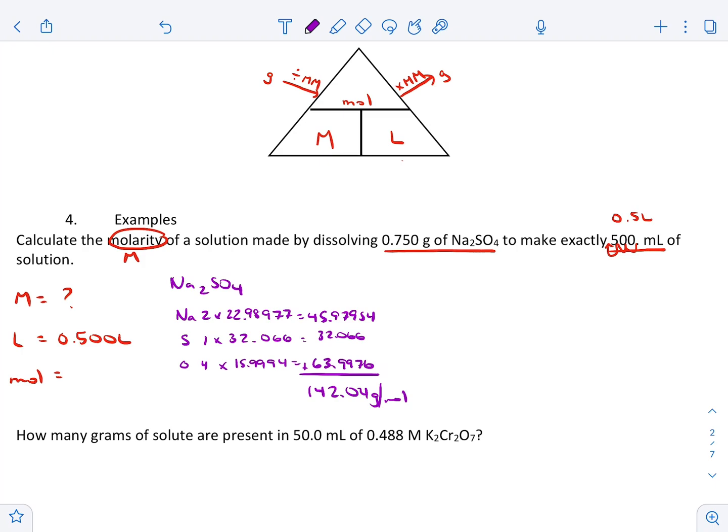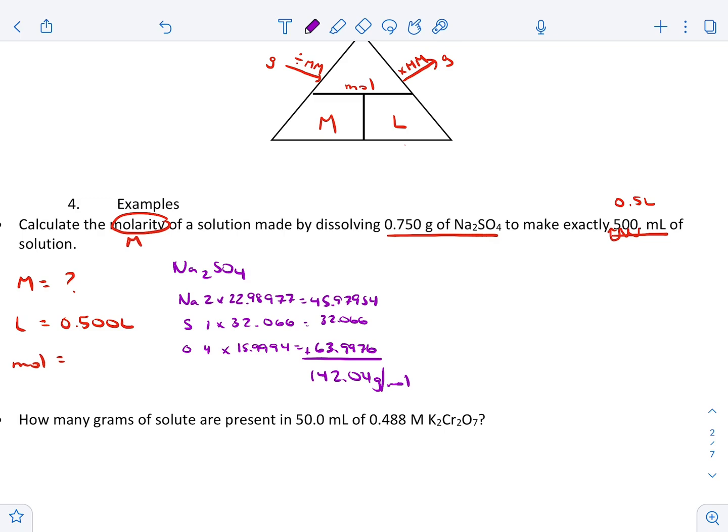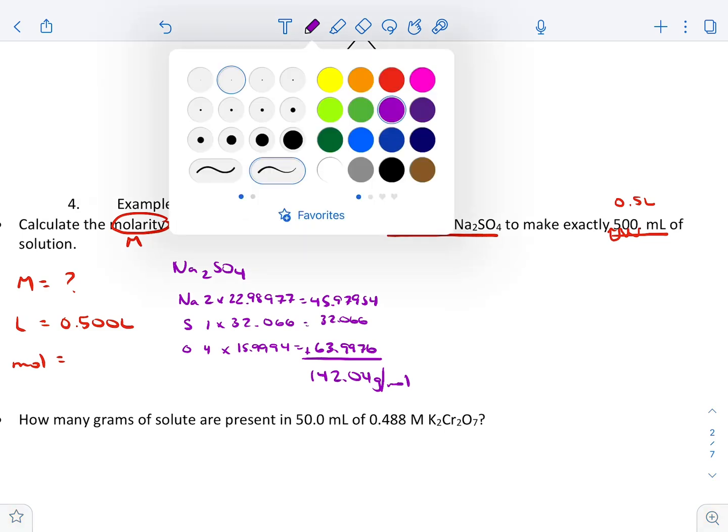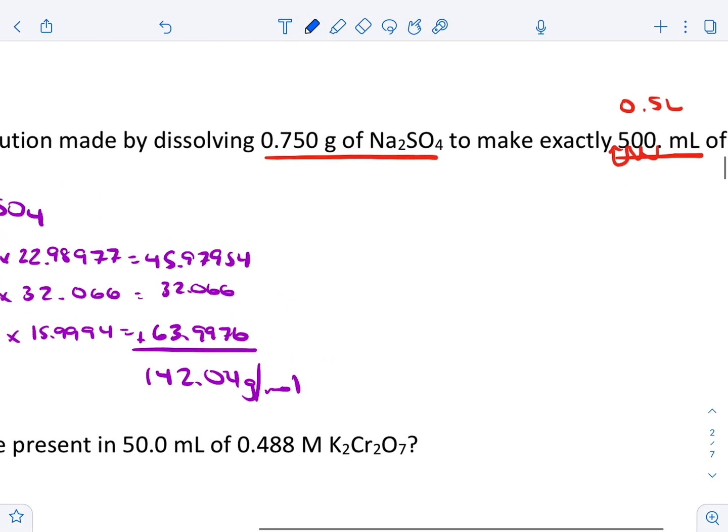Okay, so now we're just ready to solve this out, because our moles is going to take us a little more. And honestly, I really like to just do it on one little chart. And I know you guys are like, oh, the T-chart. Yeah, we're going to use the T-chart. So we're going to start with that 0.75 grams of Na2SO4.